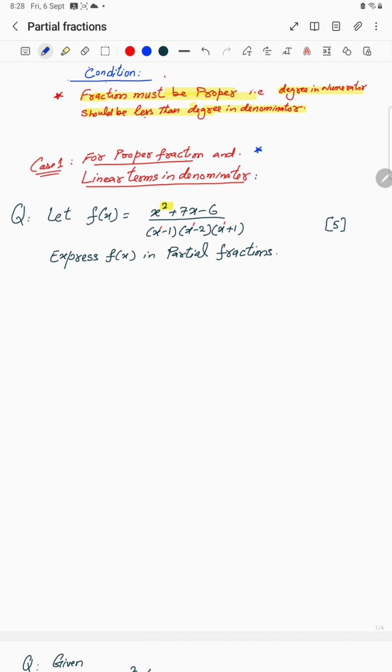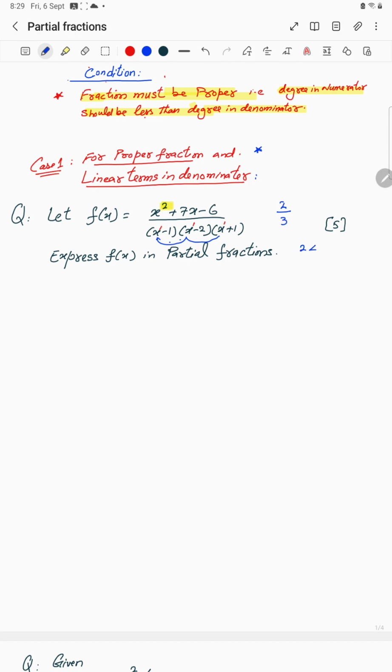First of all, see whether partial fraction is applicable here or not. You can see the degree of the numerator is 2, and after multiplying these three linear terms, the degree of the denominator will be x cubed, right? So the numerator has degree 2 and the denominator has degree 3.